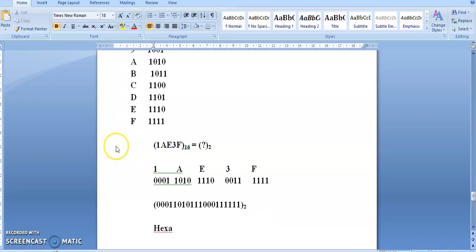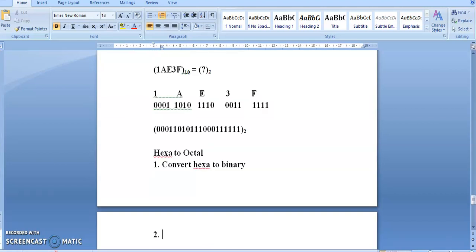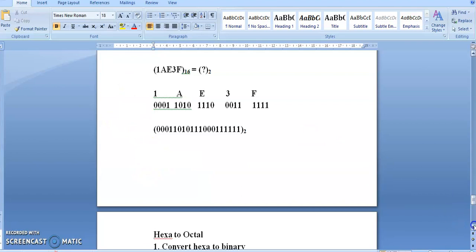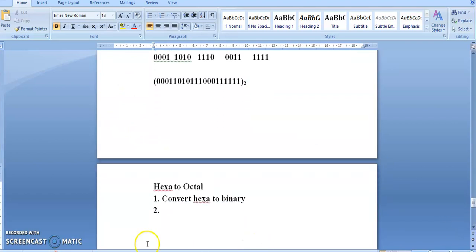And similarly, next, hexa to octa. How to convert? The procedure for hexa to octa means first convert hexa to binary, the next one, binary to octa.